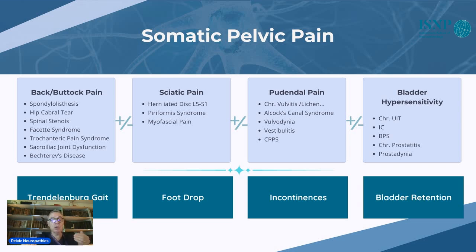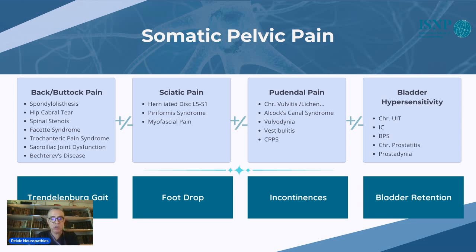And in neuropelveology, we'll say you have a pathology of the nerve in charge of the orthopedic function, urologic function, gynecological function. And in somatic pelvic pain, you have two possibilities. You have an irritation of the nerve, so you have no neurologic disorder, or you have damage of the nerve.